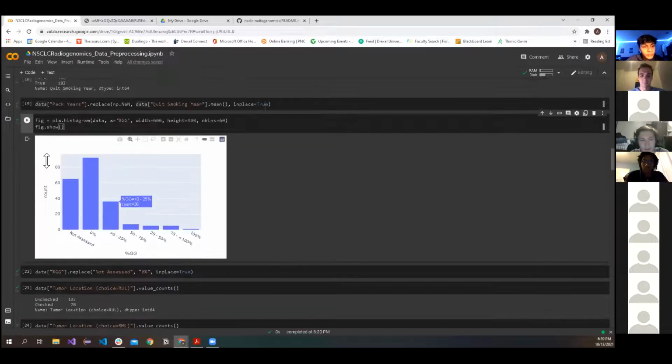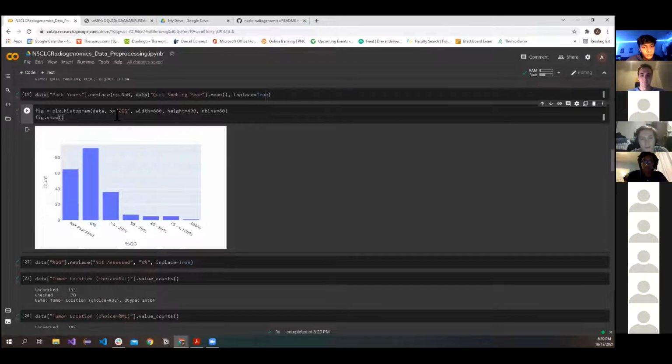So for those of you, this is part of data preprocessing: you want to analyze each of the features you have and understand them, because, for example, for this one, we have 65 missing values. So what do I do with those missing values? That's going to depend on my knowledge of the data.